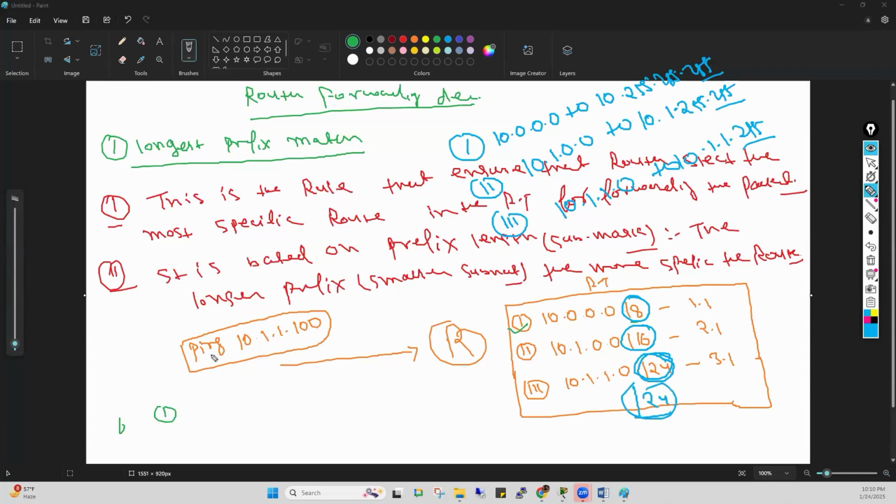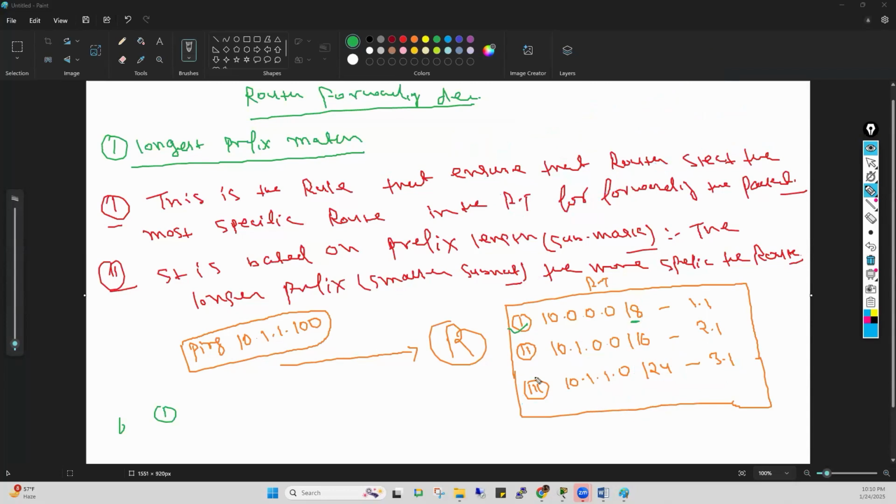Getting my point? So this router will choose this path to forward the packet, not the others, because this path has the longest prefix match. Clear? So guys, that is called longest prefix match.